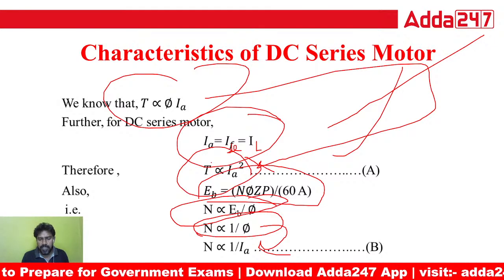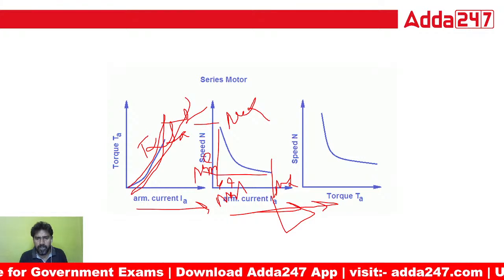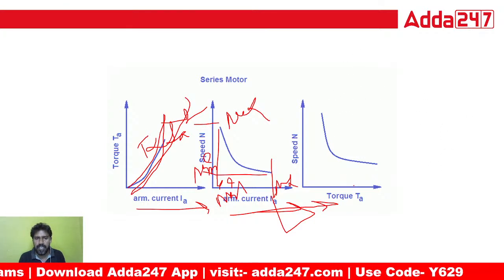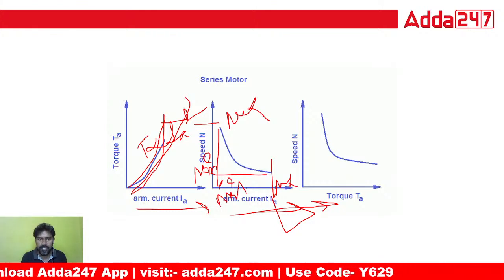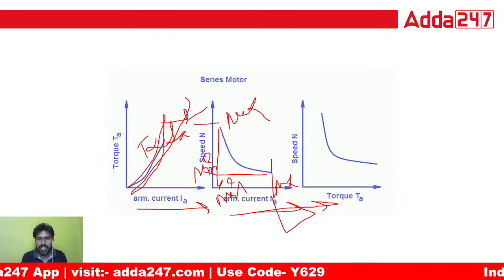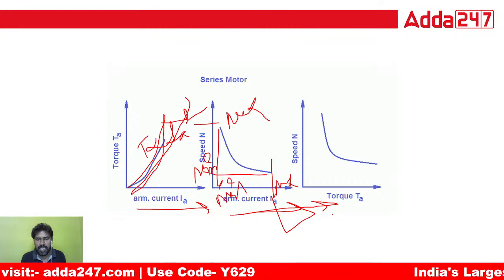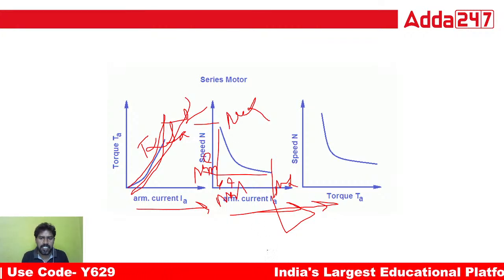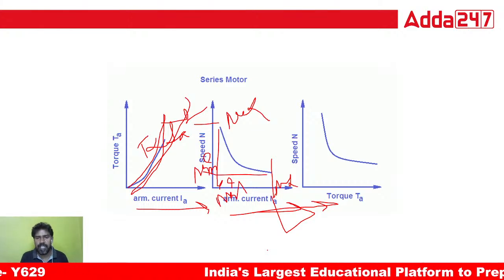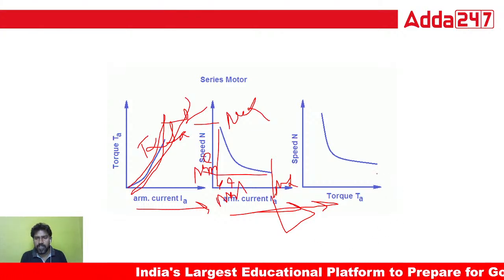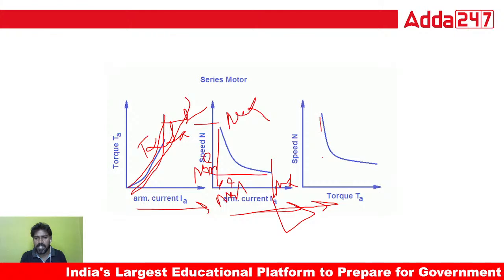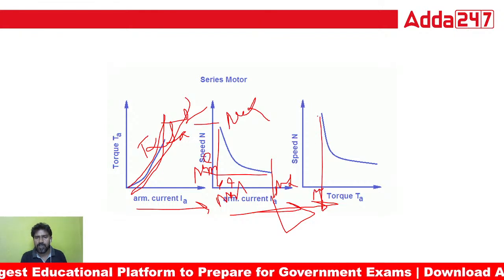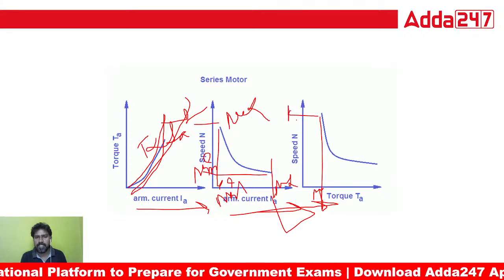Next, the torque-speed characteristics. You will get an inverse relation between the torque and speed. When the speed decreases, the torque increases. At the minimum value of the torque, the speed will be maximum.